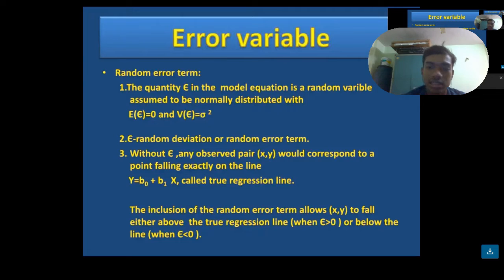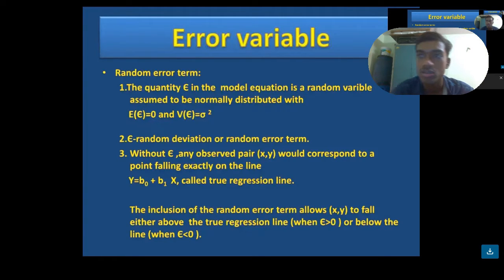So when epsilon is greater than 0, the error is on the positive side, and the actual values are greater than the predicted values.